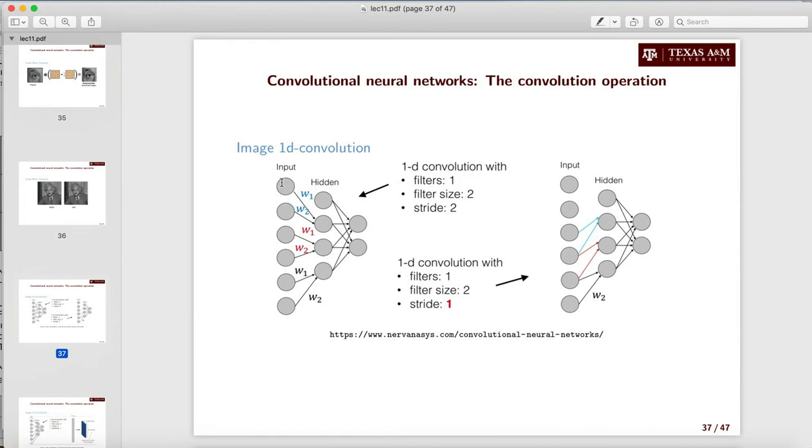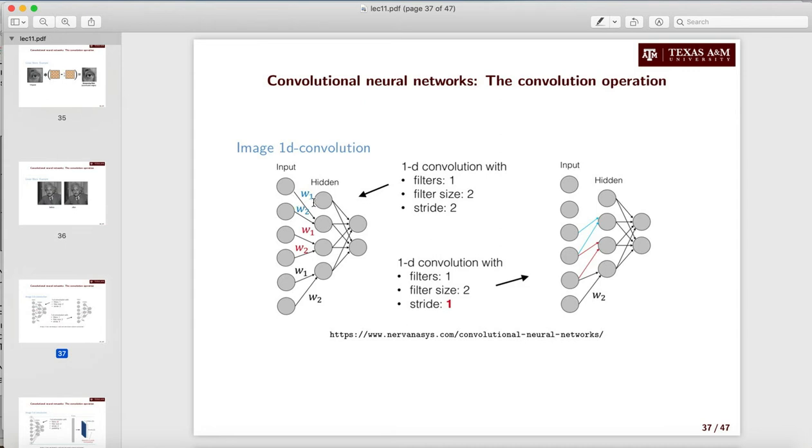In this case, we have one input and one hidden layer, and in this image we see the first two properties that we discussed. The first property is convolution, or the property of locality. Each of the hidden units is not connected with all the inputs of the image, but only with two inputs.